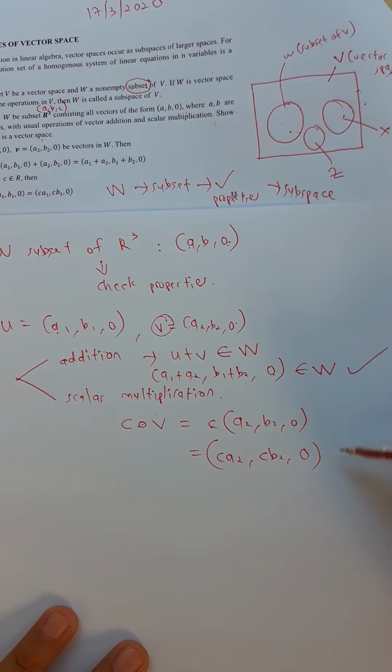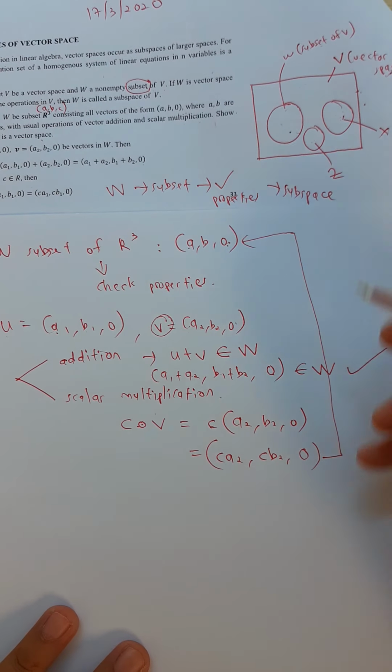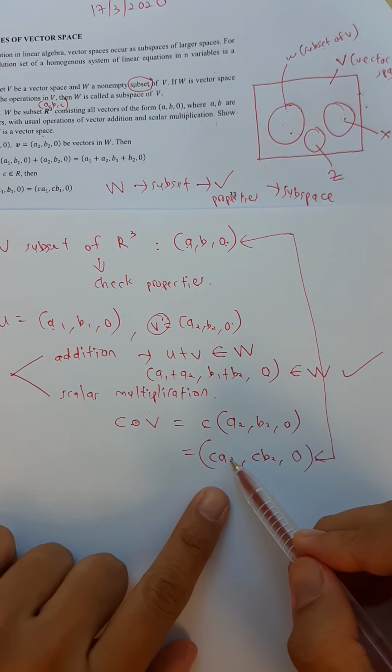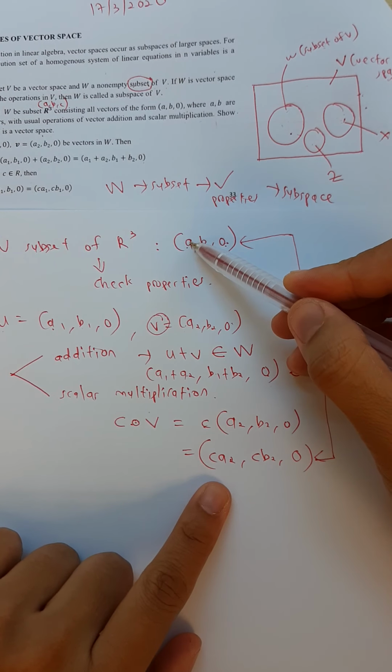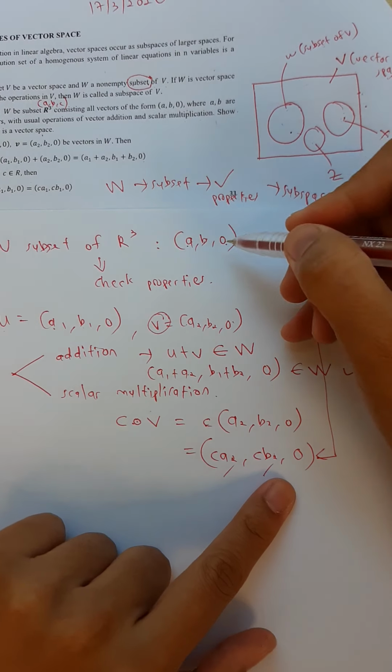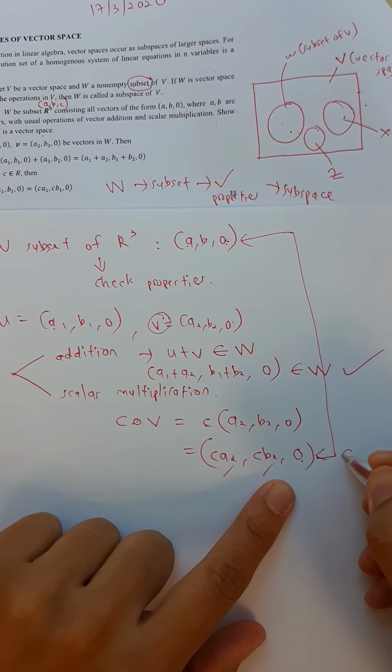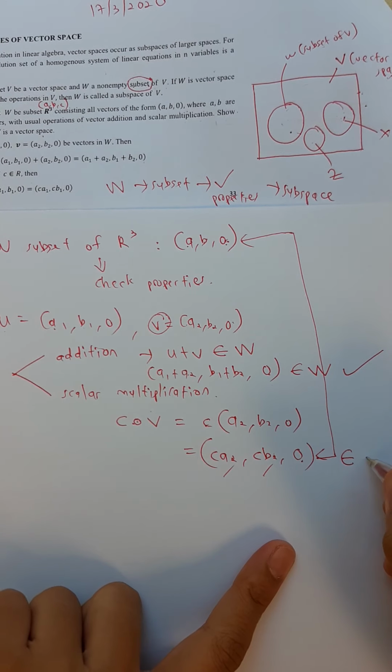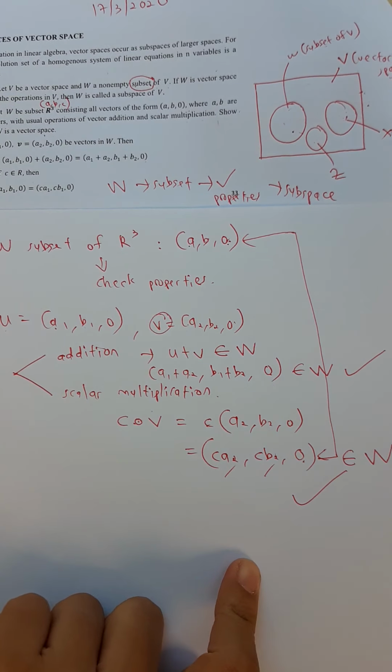Let's check if these two forms are the same. CA2 is any real number, that's good. CB2 is also any real number. The third coordinate is 0, yes indeed. The scalar multiplication is also inside W, so all good.